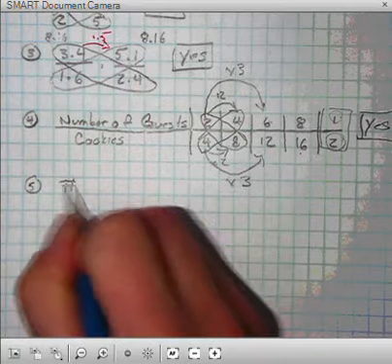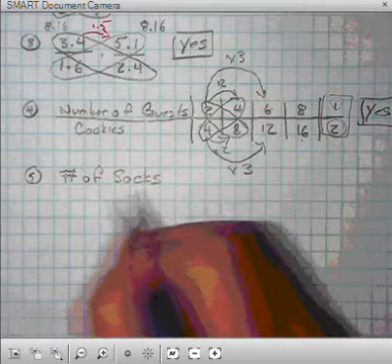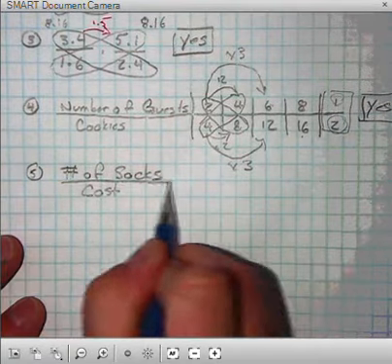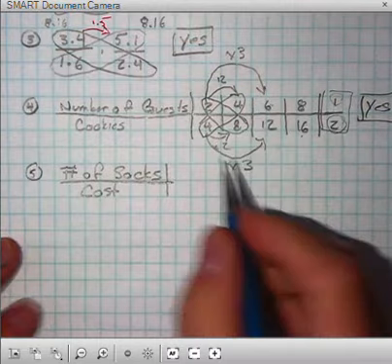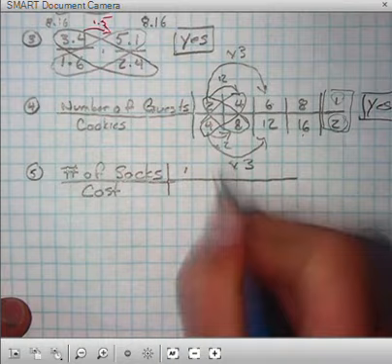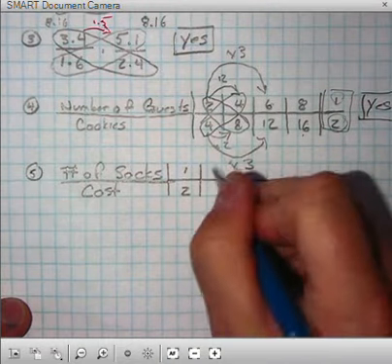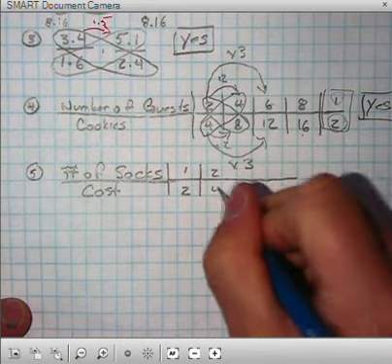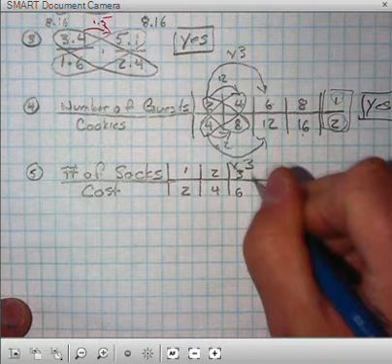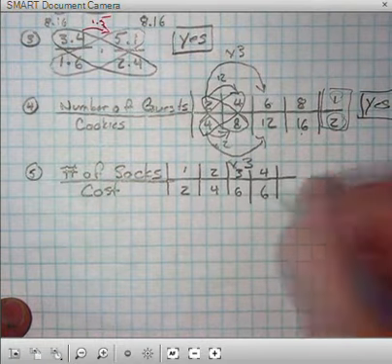How about the number of socks and cost? So 1 pair of socks is $2. 2 pairs, $4. 3 pairs, $6. 4 pair are $6.